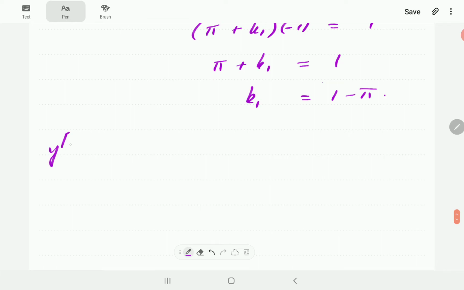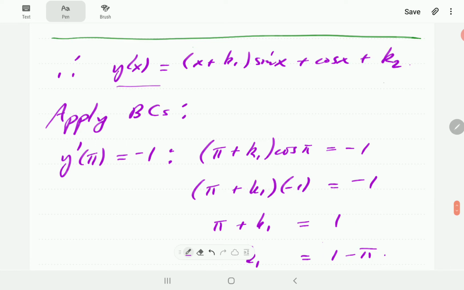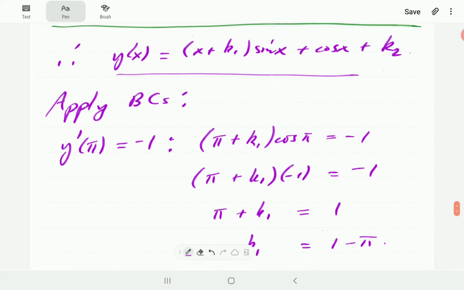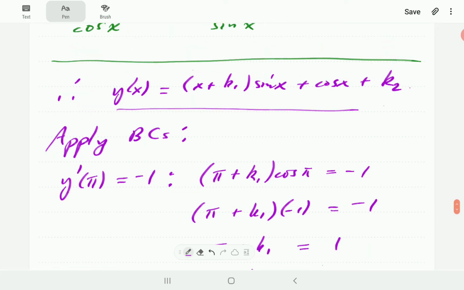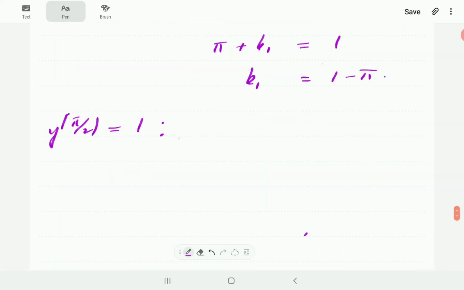Then the second one, when x is pi over 2, y is 1. So we're going to substitute that one into that last expression there. So on the left hand side we're going to have 1. On the right hand side, we're going to have 1 equal.